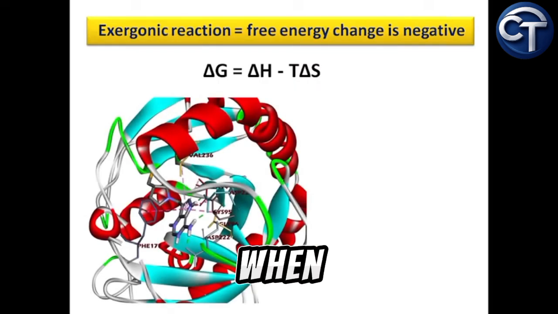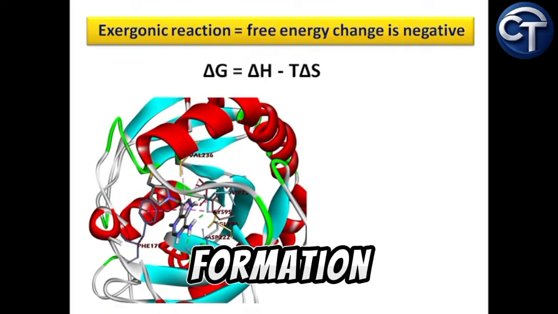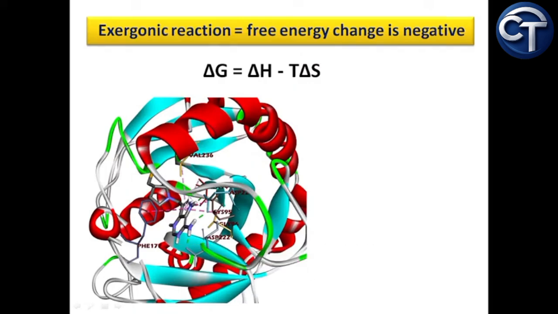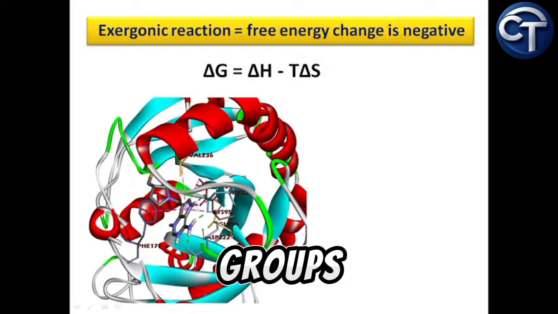So now, when the ligand binds with protein molecules, the binding usually occurs through formation of different non-covalent bonds. The non-covalent bonds like electrostatic interaction, van der Waals interaction, hydrogen bonds, and hydrophobic interaction. And these interactions occur between the binding site residues of the protein and the ligand groups.